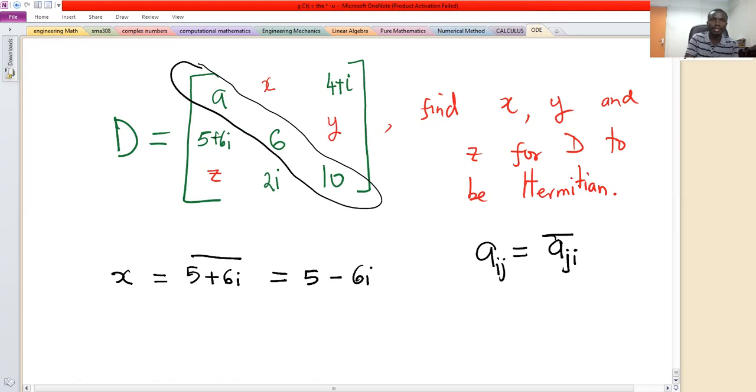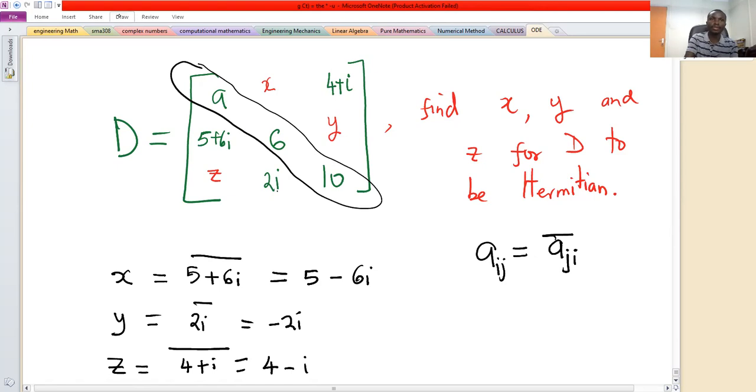Y is the conjugate of the position 2i, which is minus 2i. And z is the conjugate of the element 4 plus i, which will be 4 minus i.